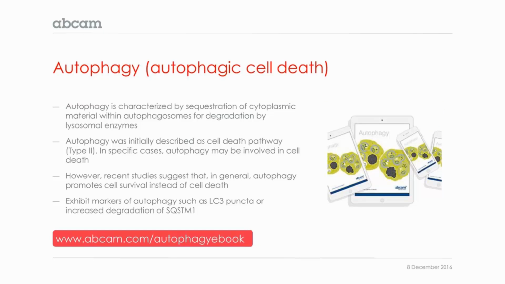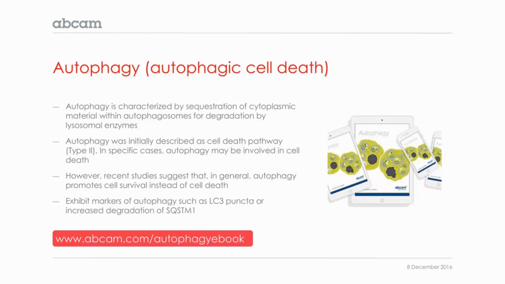I will briefly talk about autophagy or autophagic cell death. Autophagy is characterized by the sequestration of cytoplasmic material in vesicles called autophagosomes, where they will be degraded by lysosomal enzymes. Initially, autophagy was described as cell death pathway type 2, and it's true that in specific cases, autophagy can be involved in cell death.